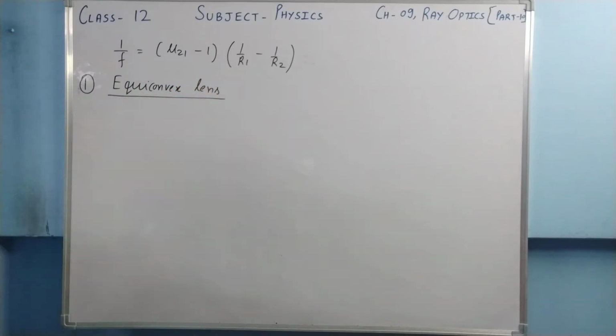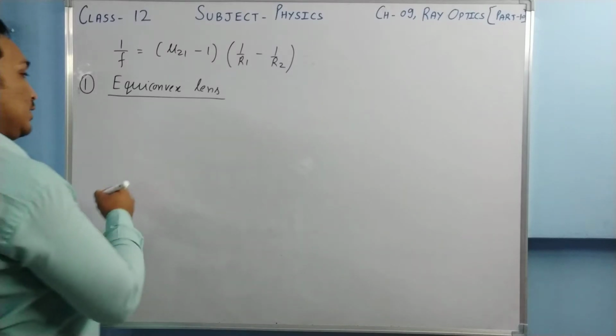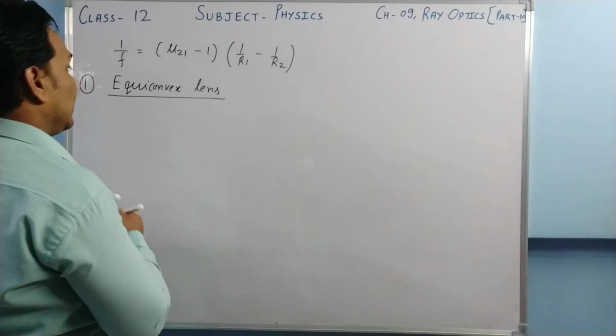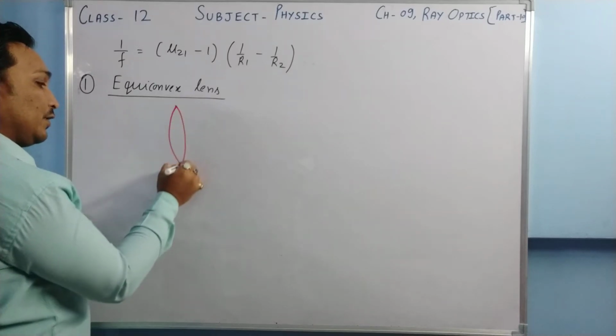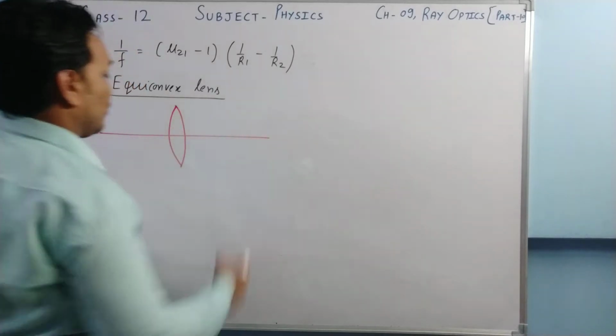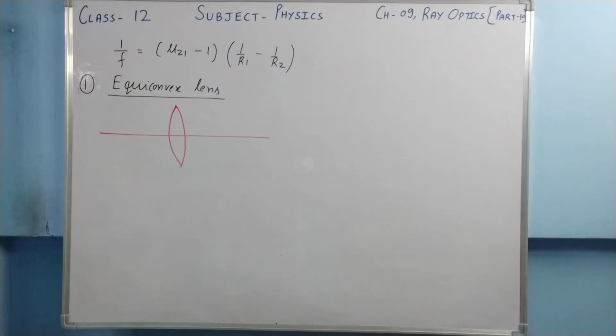What is an equiconvex lens? An equiconvex lens is basically a biconvex lens, but both the surfaces have equal radii of curvature.